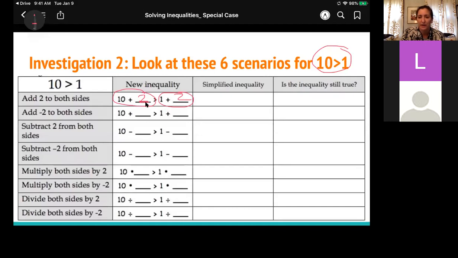If I do 10 plus 2, I end up with what? You end up with 12 and 3. So is 12 greater than 3? Yes, that's still true. If I add negative 2 to both sides, and I have 10 plus negative 2, I end up with 8 is greater than what, negative 1? Is that true? Yes.